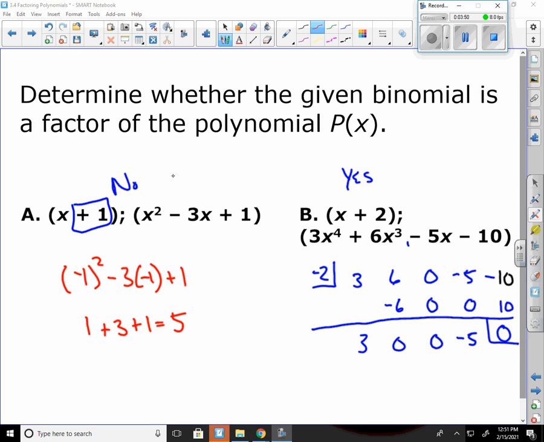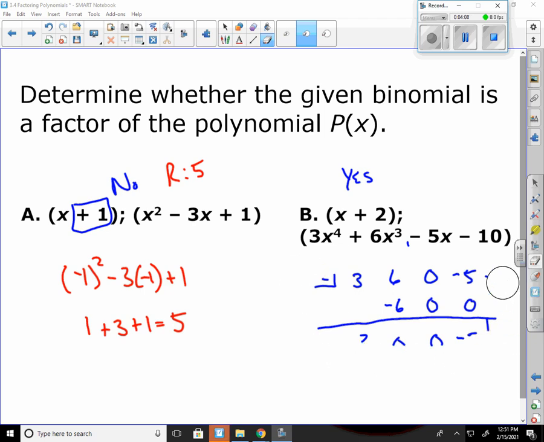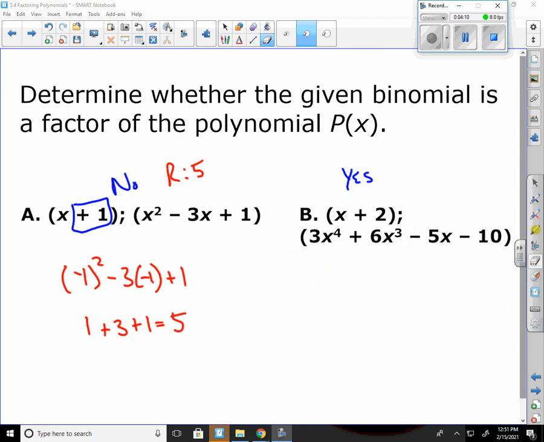Remember before we found that we had a remainder of 5. That's what came into our little box. So this one would be a no just by plugging in. If I want to find out if x plus 2 is a factor of this thing, I don't have to do synthetic division. Let's just do our remainder theorem.